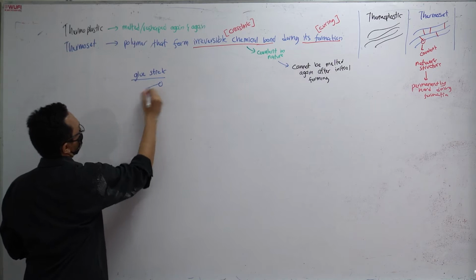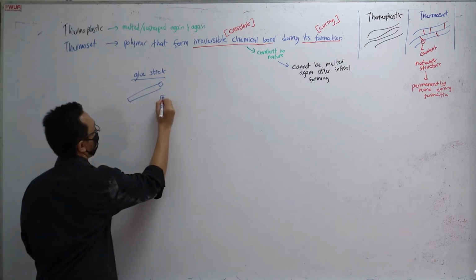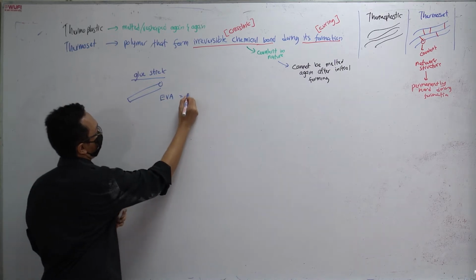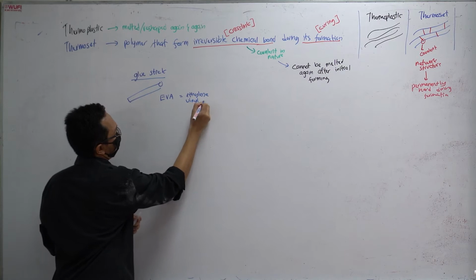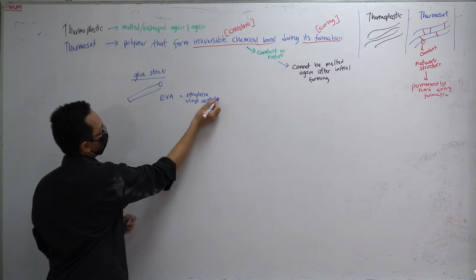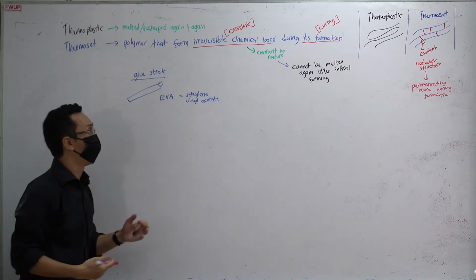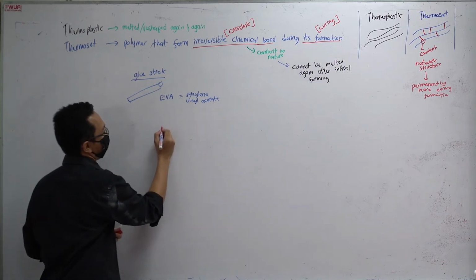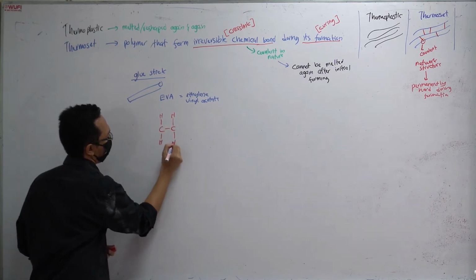the polymer that makes this glue stick we call EVA, or ethylene vinyl acetate. So this ethylene vinyl acetate is basically a co-polymer. Ethylene, you know the ethylene is like this, CH2, CH2, like that.